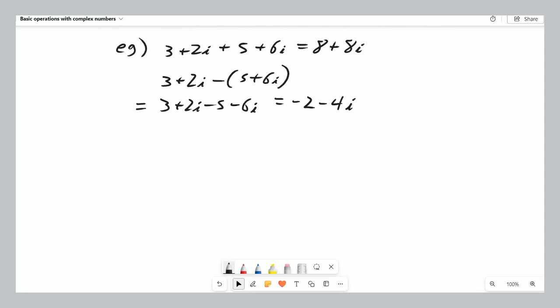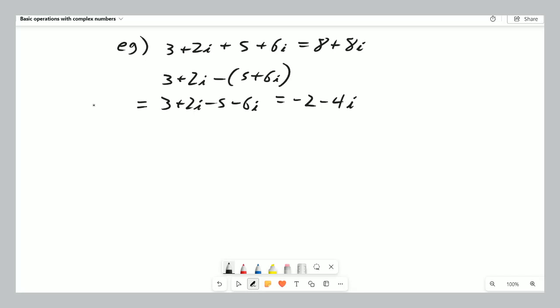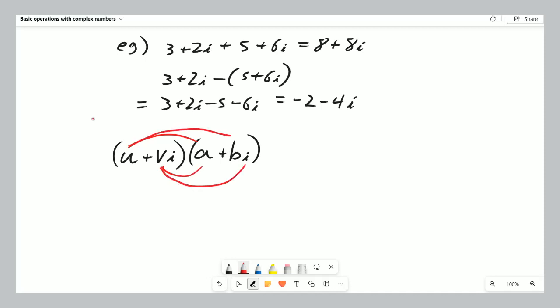Now, what happens if you're multiplying? Okay? So what if we have u plus vi multiplied by a plus bi? Well, it's just like you would open up any brackets, right? You'd multiply u times a, u times bi, vi times a, and vi times bi.